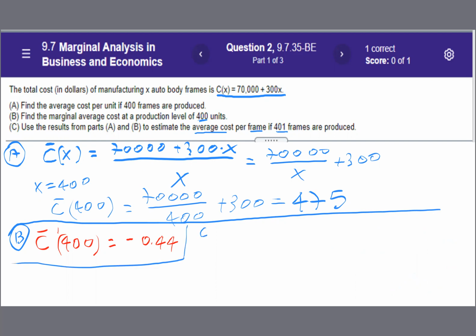C. In C, we're asked to use the results in A and B in order to estimate the average cost per frame if 401 frames are produced.